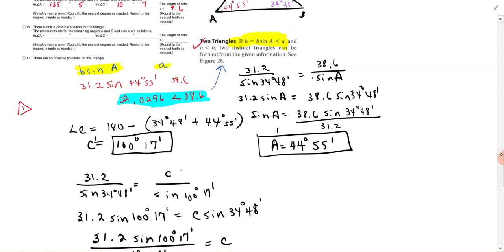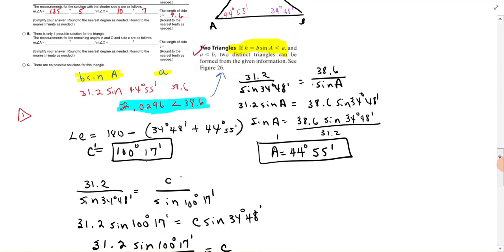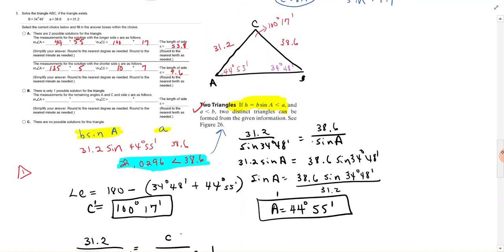So the first thing I did was to try to find angle C. And angle C in our first triangle is 180 minus 34.48 and 44.55. We got the 44 degrees 55 minutes using the law of sines to find angle A. So that was what I did first.